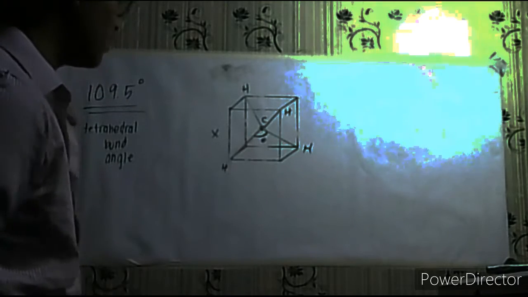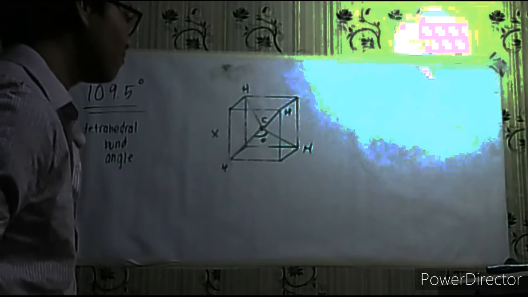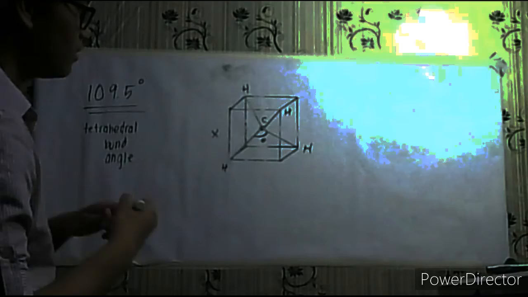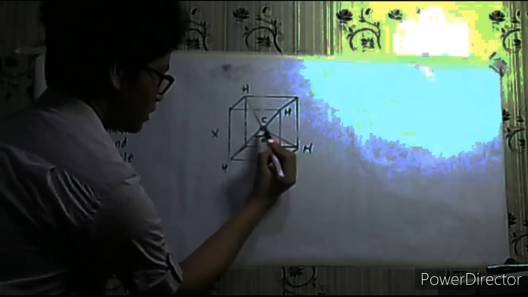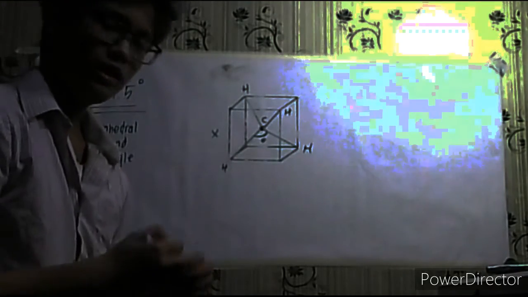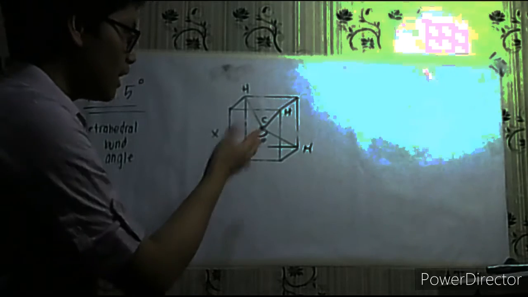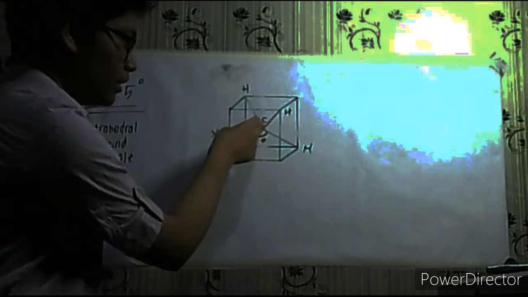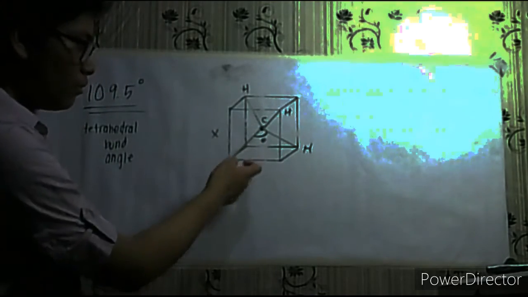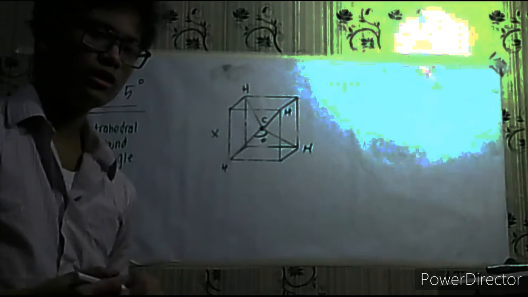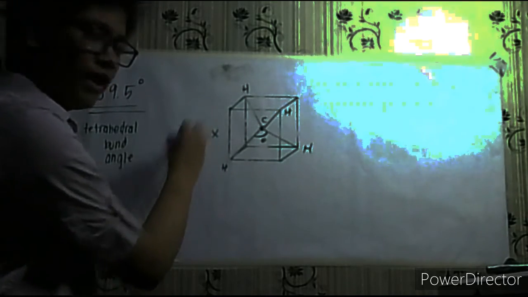Let's just take this. So now, as you can see, this central atom here is in the center of the cube. It means that from this atom here to the bottom of the cube, that is x divided by 2.